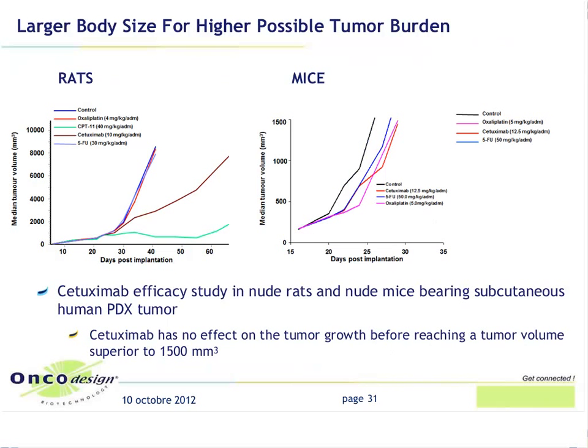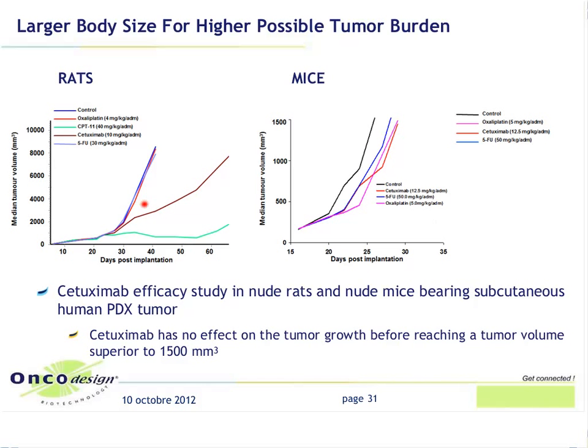Because of their larger body size, it is possible to observe late effects of a compound. Here, the effect of Erbitux. Interestingly, it was shown that on this primary colon tumor, the effect of Erbitux was late. Here, using mice, the effect of Erbitux was not detected, and unfortunately, for ethical reasons, the mice were terminated because of their too high tumor volume.